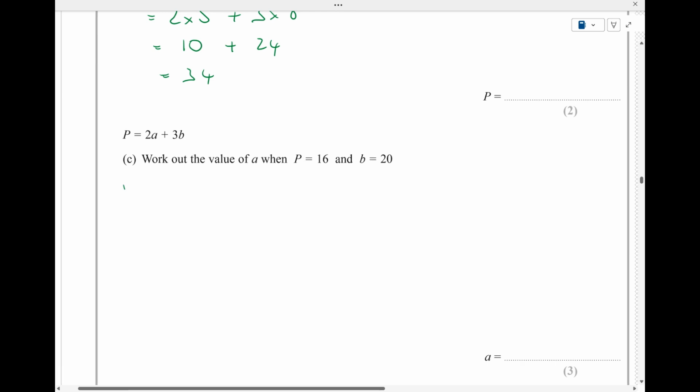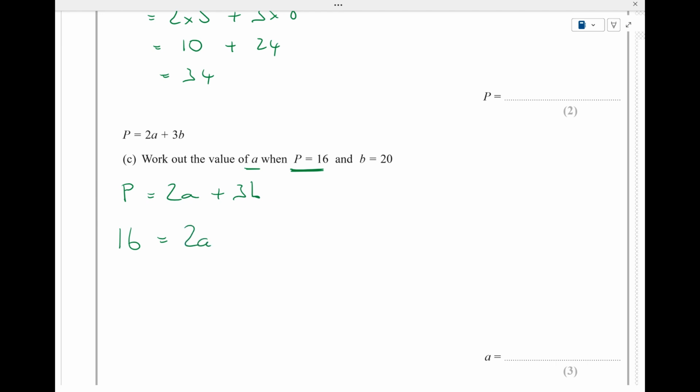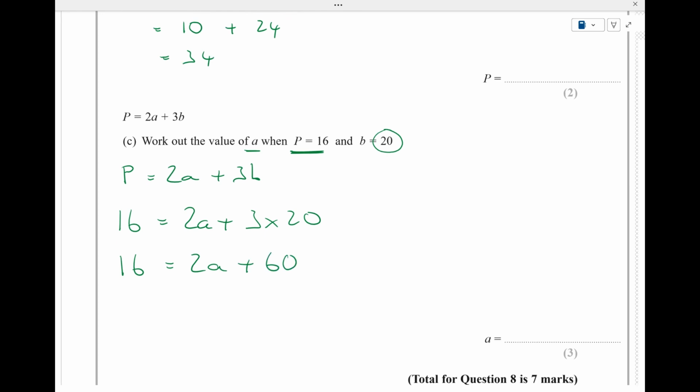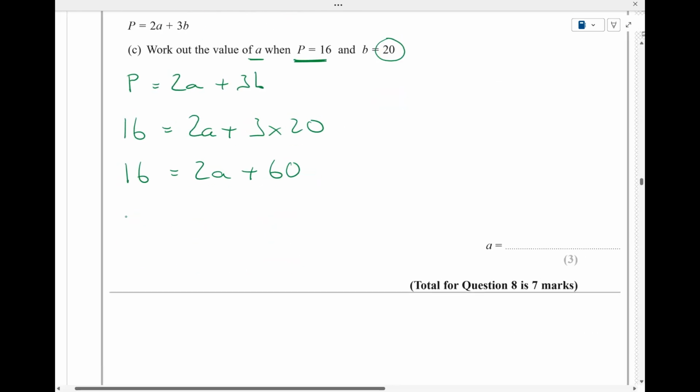P is still 2A plus 3B. Work out the value of A when P is 16, so that's going to be 16 equals 2A plus 3 times 20. So 16 equals 2A plus 60. It's an equation. I'm going to swap it round and write 2A plus 60 equals 16.